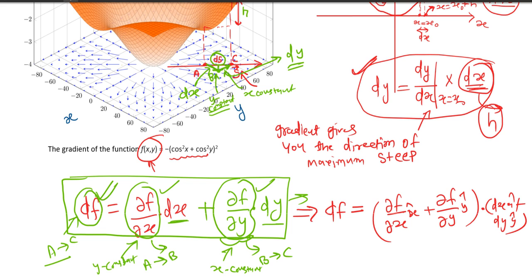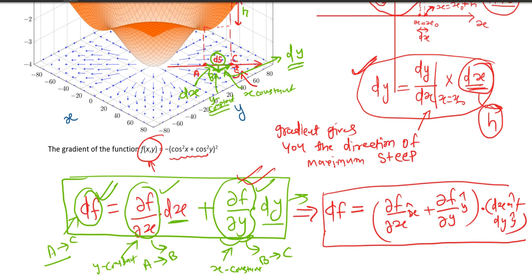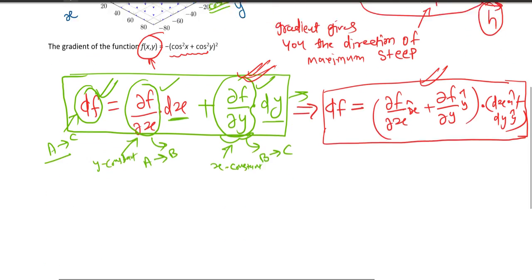We can also write this equation like this, because when you simplify this dot product, like terms will be multiplied and the dot product of y and x would be simply 0 because they are perpendicular to each other. So we can write this change in this way.